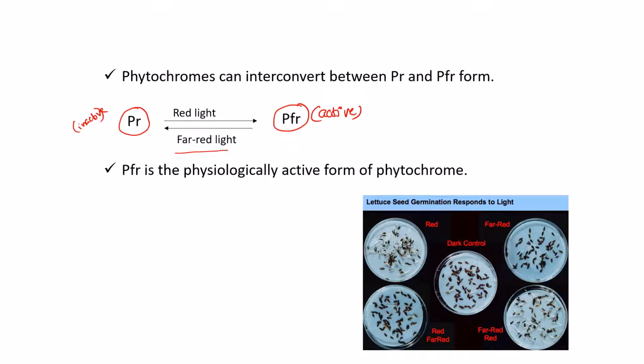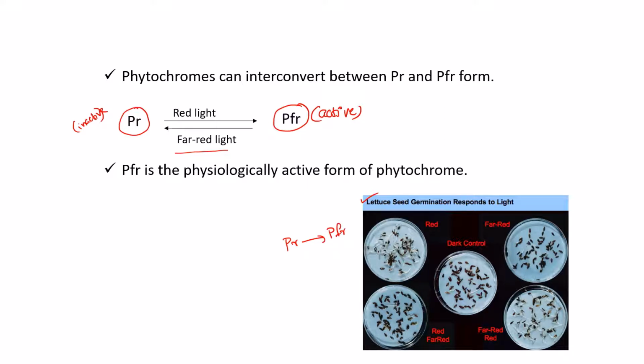For example, seed germination. In this example, we can see that if we give red light, the seed will germinate. That means if we give red light, what will happen? The PR form will convert to PFR. PFR is the active form.